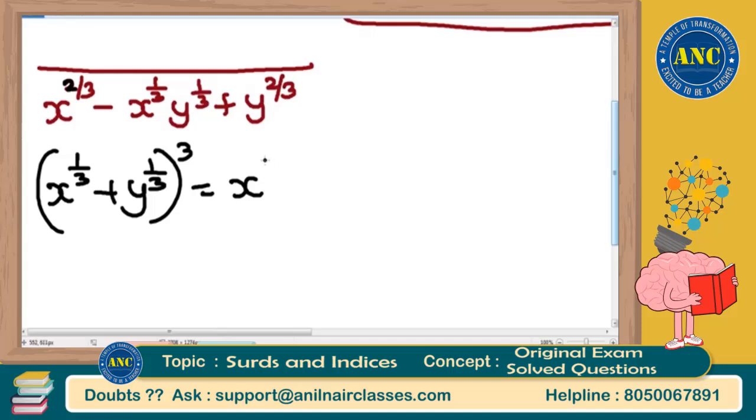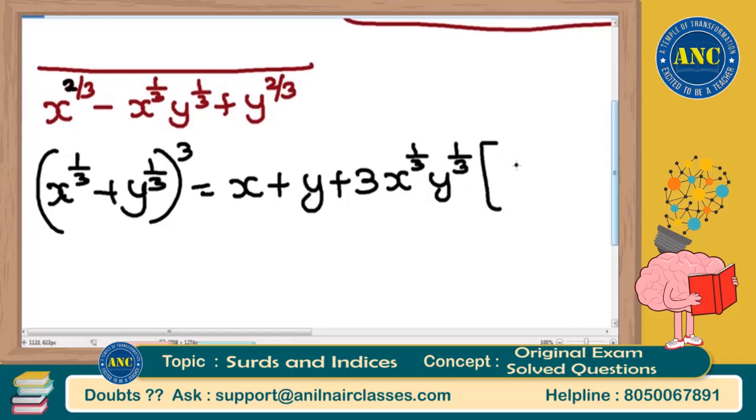A cube is x power 1 by 3 whole cube, which is x; b cube is y; and 3ab(a plus b), where a is x power 1 by 3 and b is y power 1 by 3.